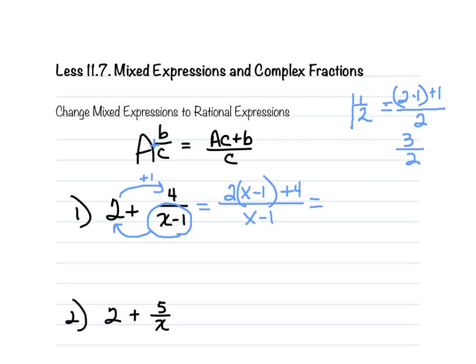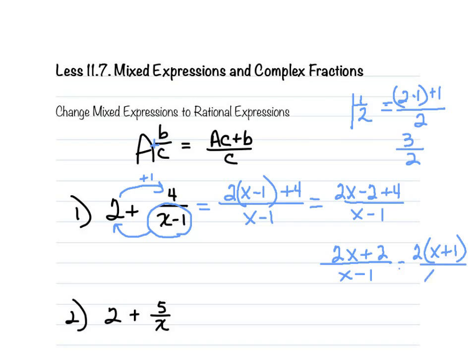Let's simplify. Distribute: 2x minus 2 plus 4 over x minus 1, and one more time we simplify. 2x plus 2 over x minus 1, and of course we can factor out a 2, x plus 1 over x minus 1. And that would be your answer.